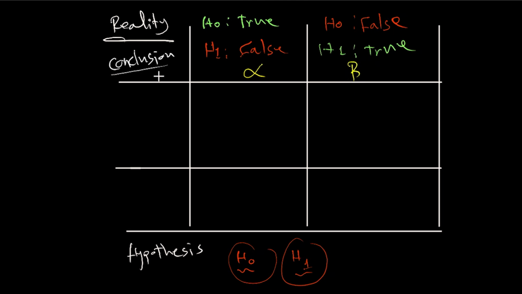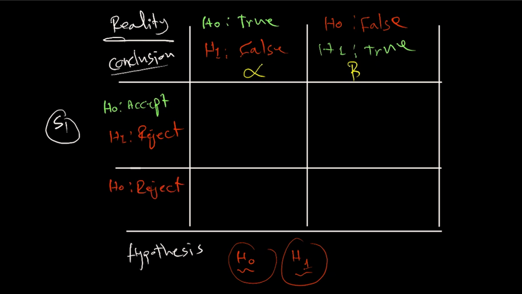Now, in your conclusions, or the answers that you might reach, there are two possible scenarios. The first scenario is to accept the null hypothesis. That means you are actually rejecting the alternative one. Or the other way around, you decide to reject the null hypothesis, and that means you are accepting the alternative one.